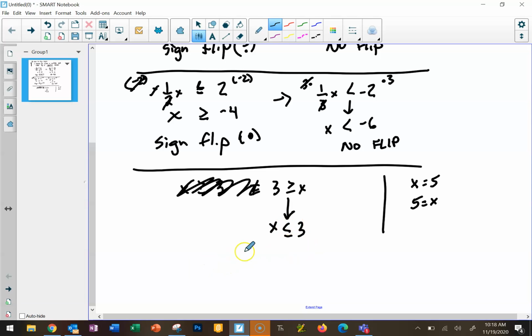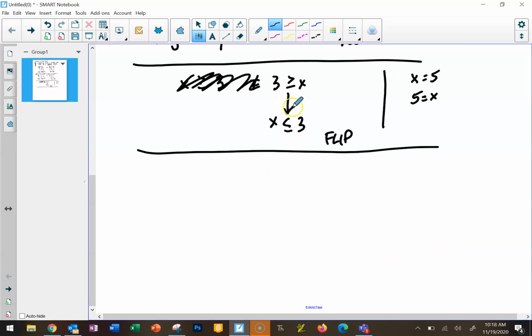Now, this does not apply if you've got something like this. What if we've got x minus 2 is greater than or equal to negative x plus 2? In this case, we're bringing the x to the other side, but we're not multiplying or dividing it, because to bring this x to the other side, we're actually just adding.